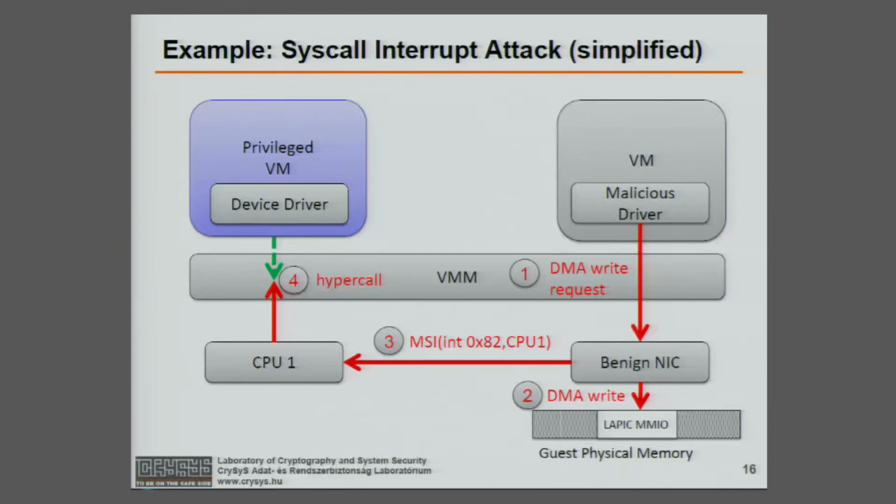You have a VM and a malicious driver, and they do a DMA write request towards the network interface card. They write into the local APIC, and as a result of the write operation, you initiate an MSI, a message signaled interrupt, towards the CPU.